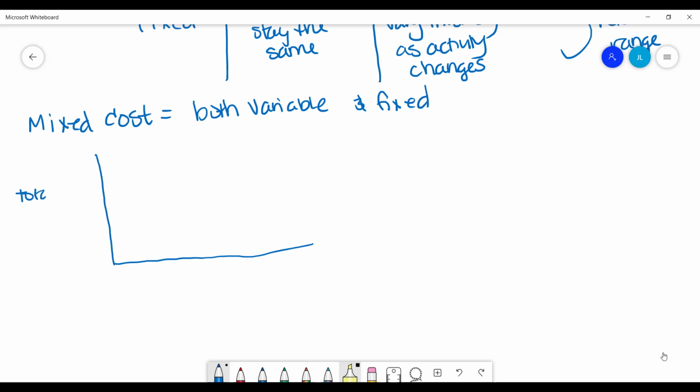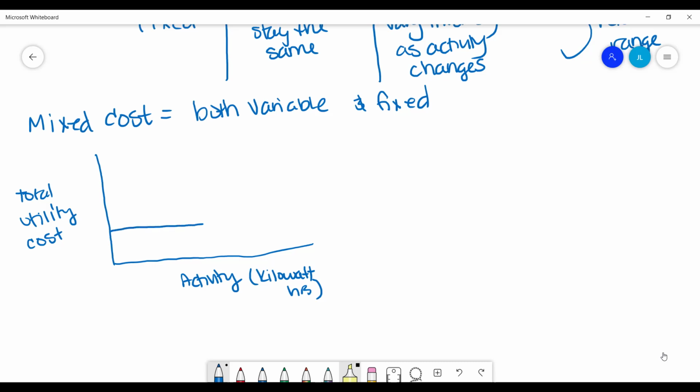So I'm going to have total utility cost on the left and that activity as my x-axis, which is, for this purpose, going to be kilowatt hours.